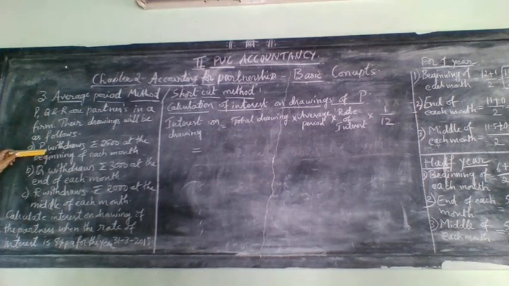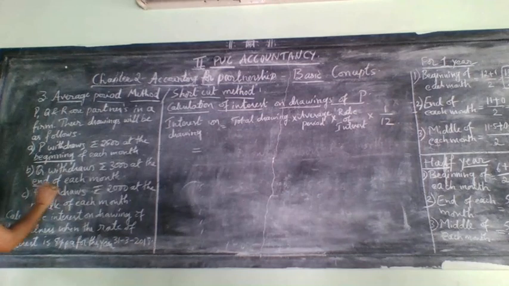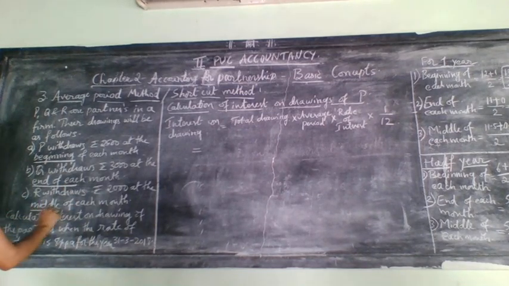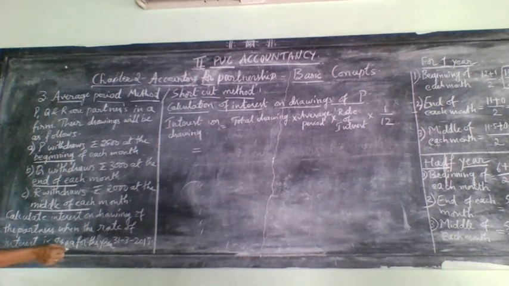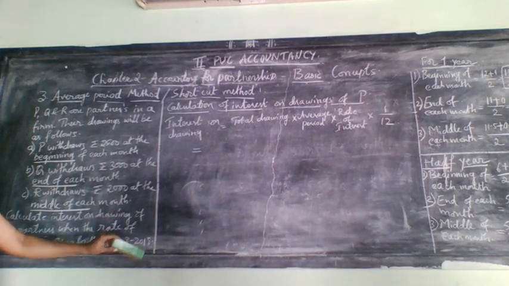One partner will withdraw money at the beginning of each month, one more partner at the end of each month, and one more partner in the middle of each month. And they have given 8% per annum. That means rate of interest will be 8%. And this is for the year ending 31st/3/2018.